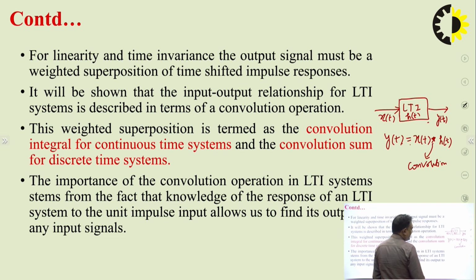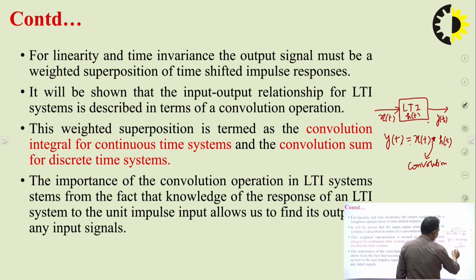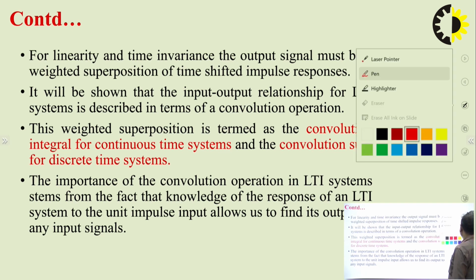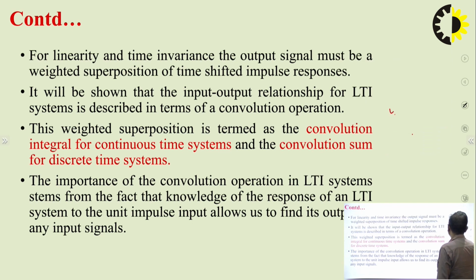In case of discrete time systems, in place of h(t) we generally use h[n], and the output will be y[n] equals x[n] convolved with h[n]. So y(t) equals x(t) convolved with h(t).